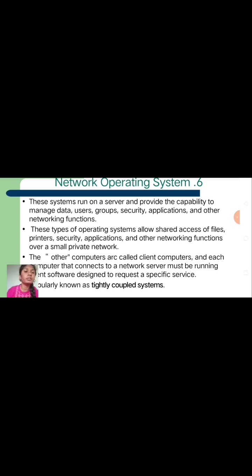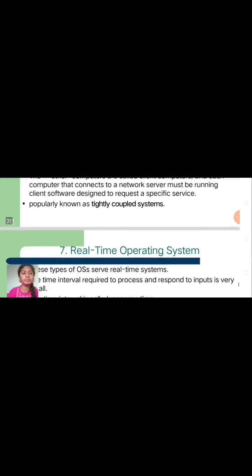The other computers are called client computers, and each computer that connects to a network service must be running software designed to request a specific service, known as tightly coupled system.